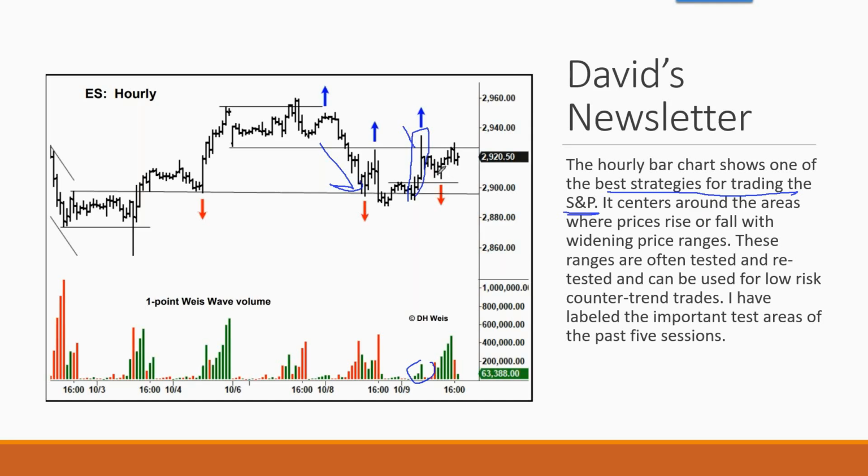So now we're looking for an opportunity to go long, and we take those opportunities on pullbacks. We don't want to buy up in here. Sometimes we will, but generally 95% of the time, I would say we don't. Maybe even 99% of the time we don't. 95% of the time we're looking to buy somewhere here on the test as the market comes back.